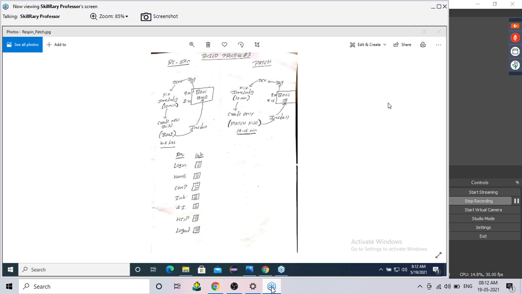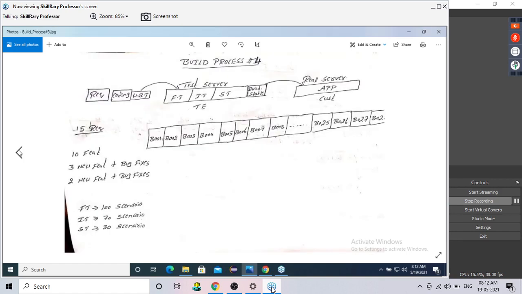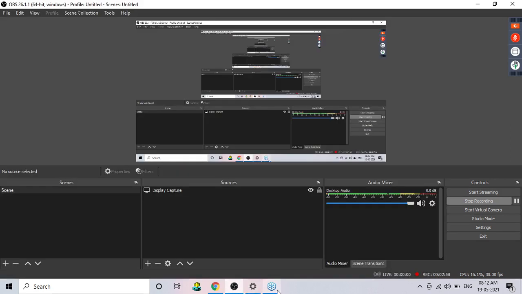Okay, guys. Now let us consolidate the build process, whatever you're learning from the last 2-3 days. Let me give one consolidated diagram. Okay, I'll open the diagram once. Give me 1 minute.